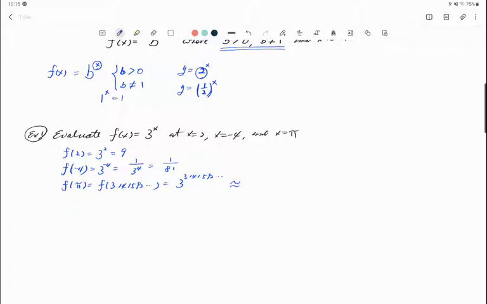Then this will be approximately, using the calculator in this case, 31.54428 something. So in this case, we need a calculator. Really simple: what you have to do is replace x, and x is the exponent. This is called the exponential function.